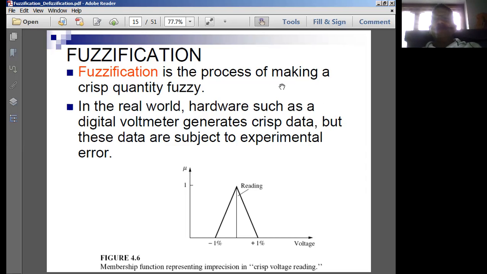But the speech processing system always processes information which is digital in nature. So we convert analog data to digital data, and the digital data is given to the speech processing system. The system analyzes or manipulates the data by applying digital techniques.